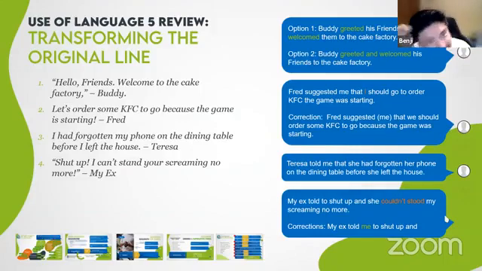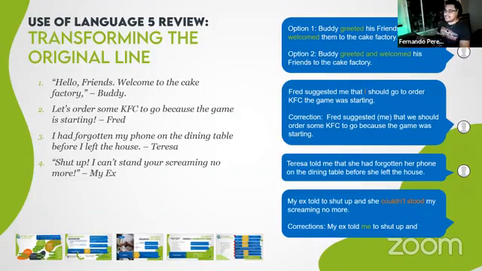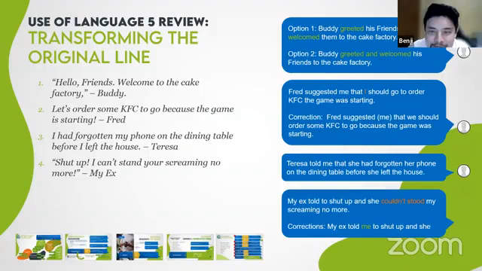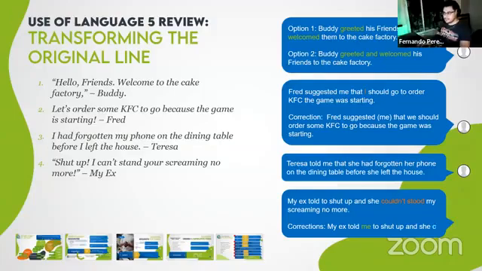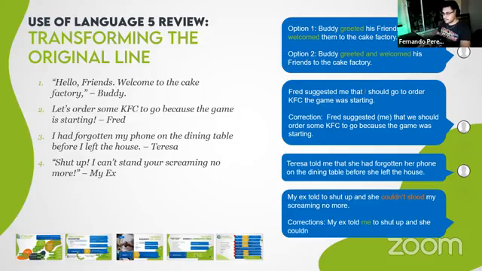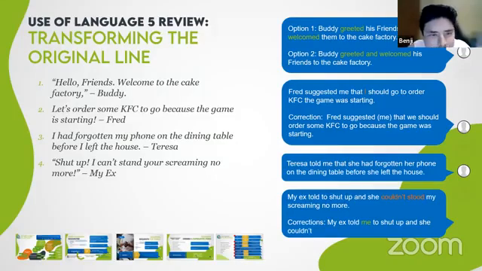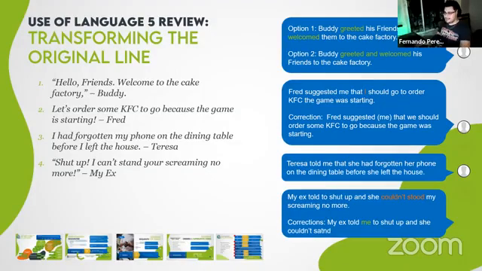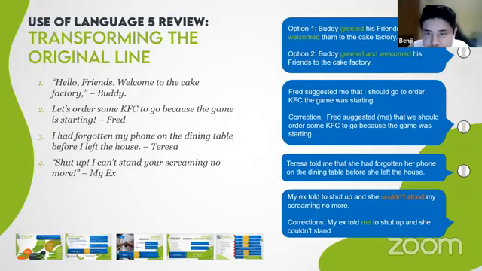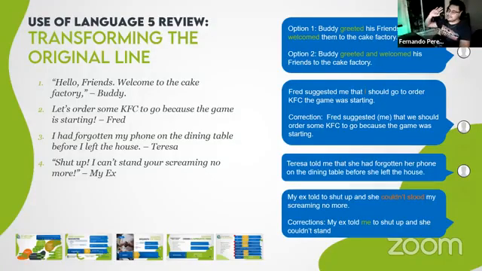Again. She couldn't stand. Stand what? The complement. Copy and paste.